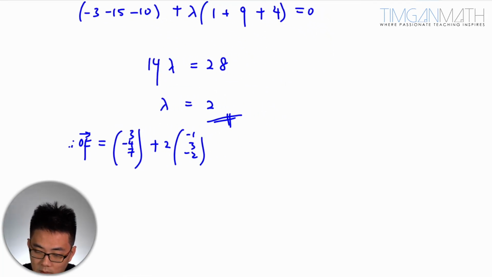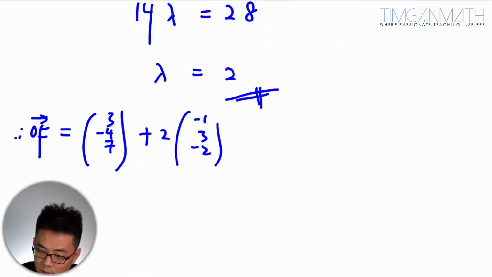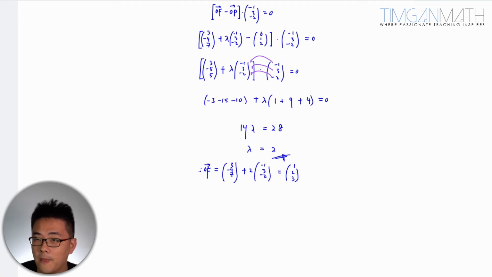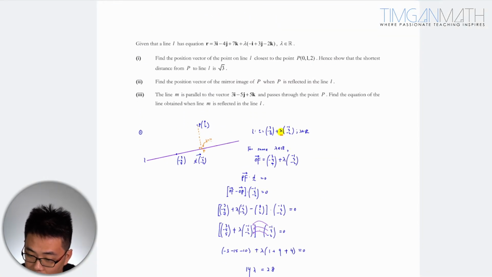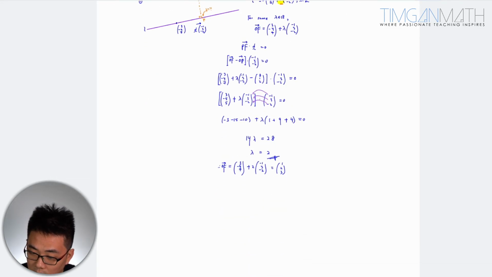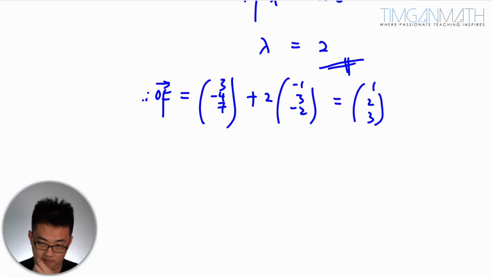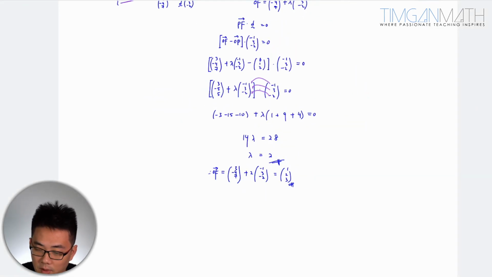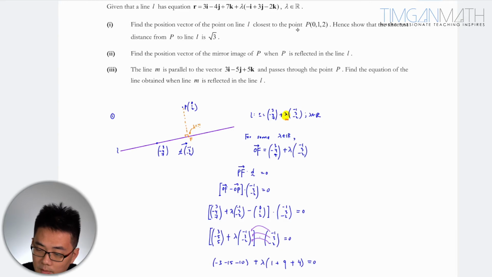Key in the calculator and this gives us 1, 2, 3. Such a nice number. What do they want? They want the position vector, so the position vector OF is this. That's the foot of the perpendicular here.